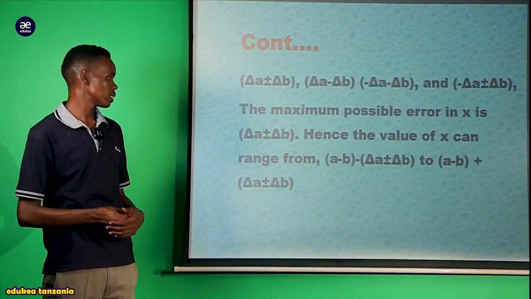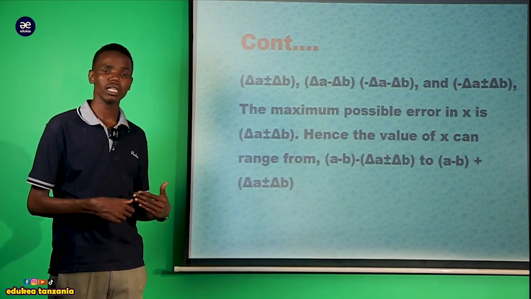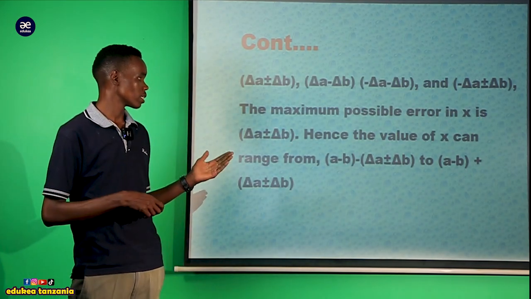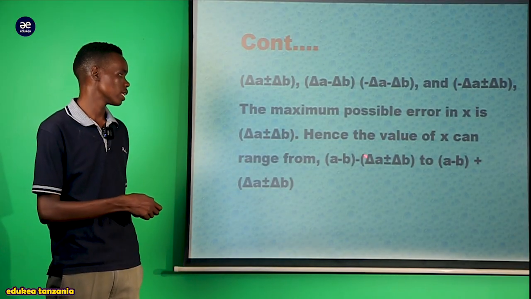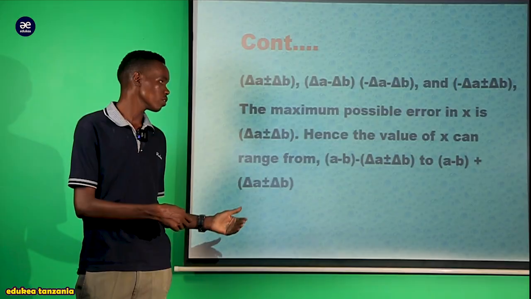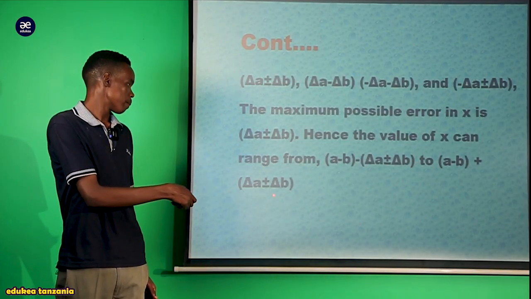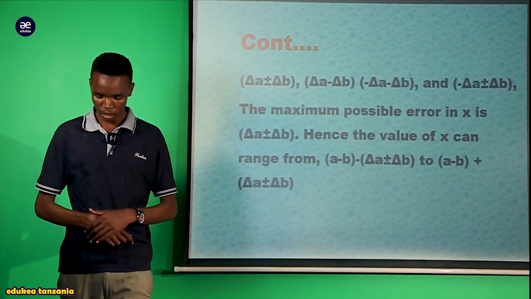But once you see here, the maximum possible error in x must be equal to the absolute error of a plus the absolute error of b. Therefore, the value of x can range between these.